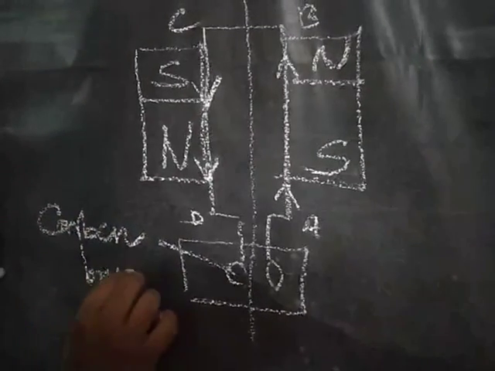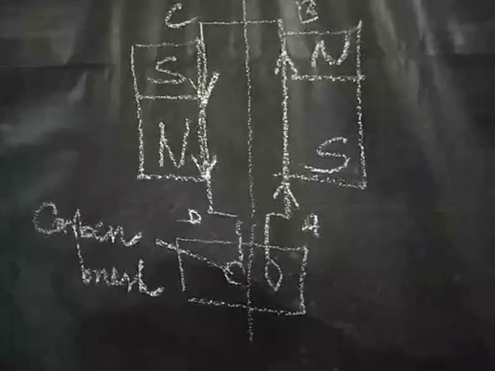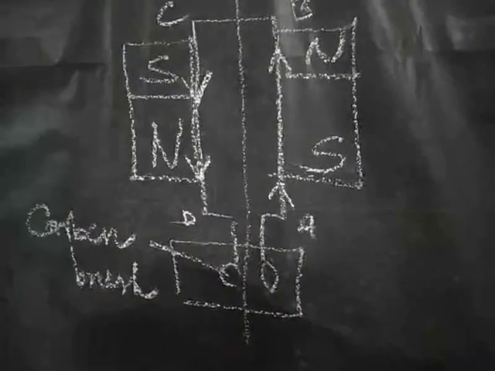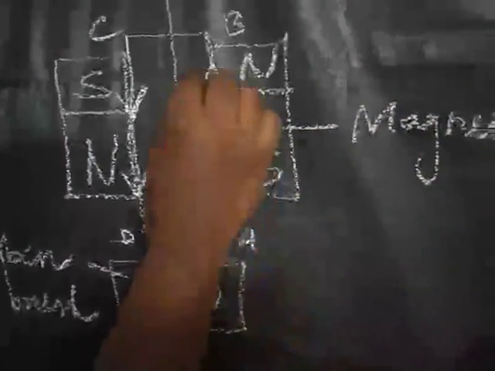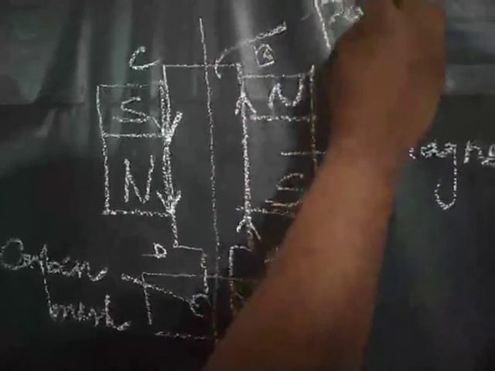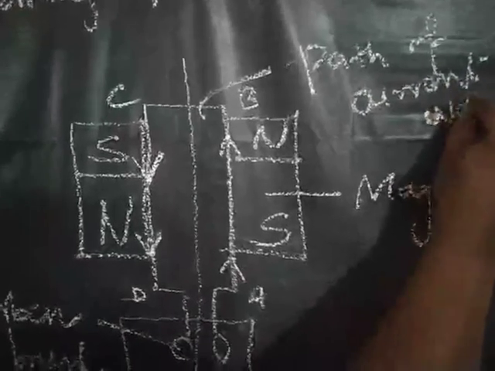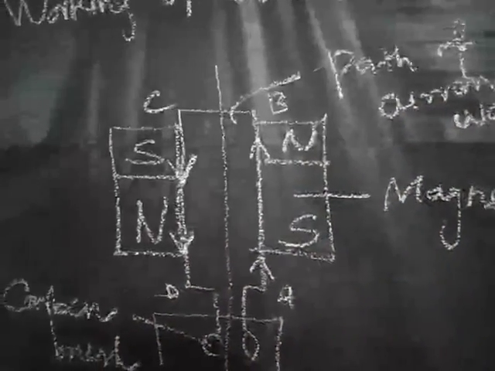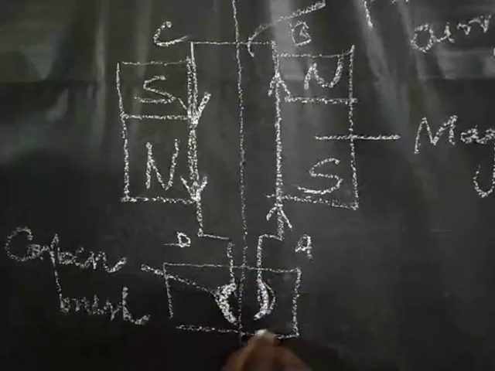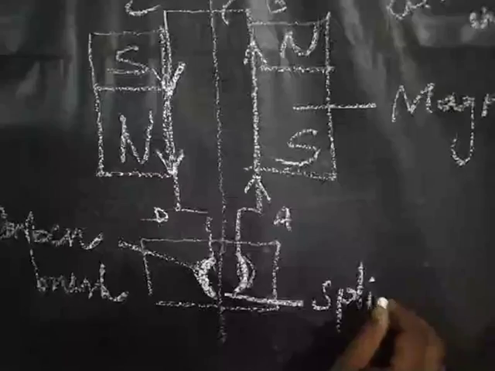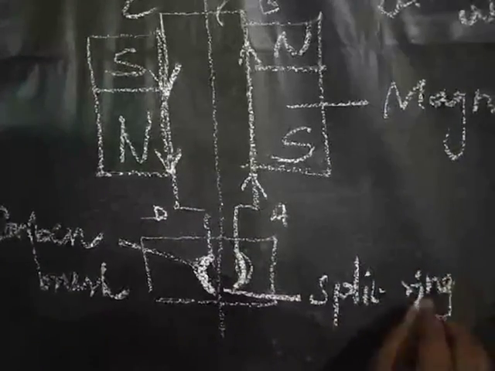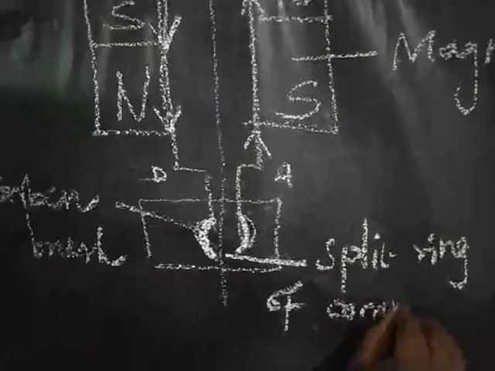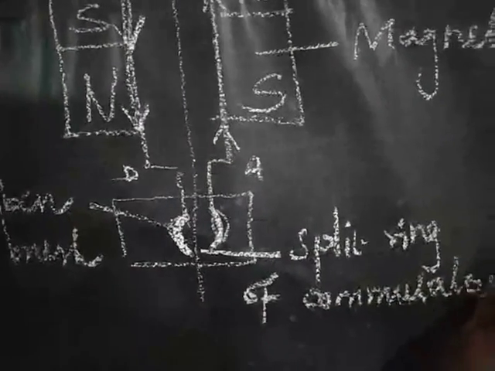Carbon brush. This is called magnet. This is the path of the current. Here is the split ring commutator.